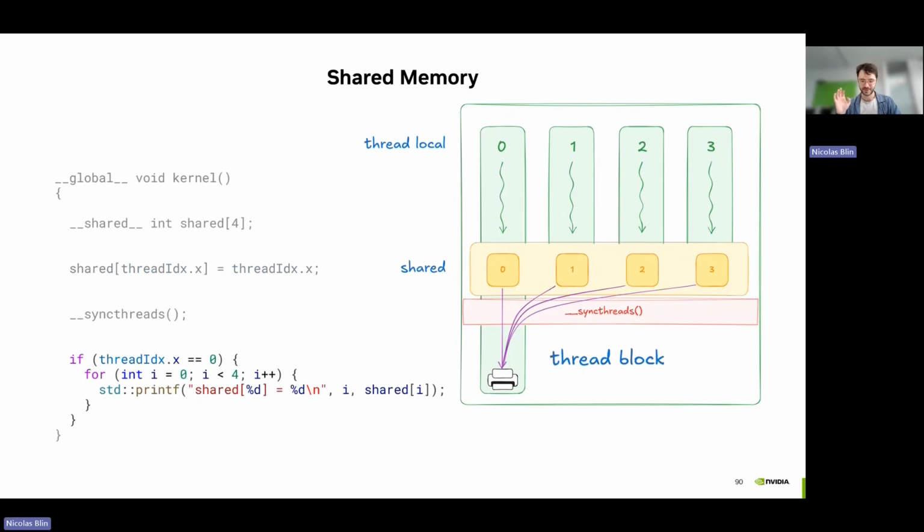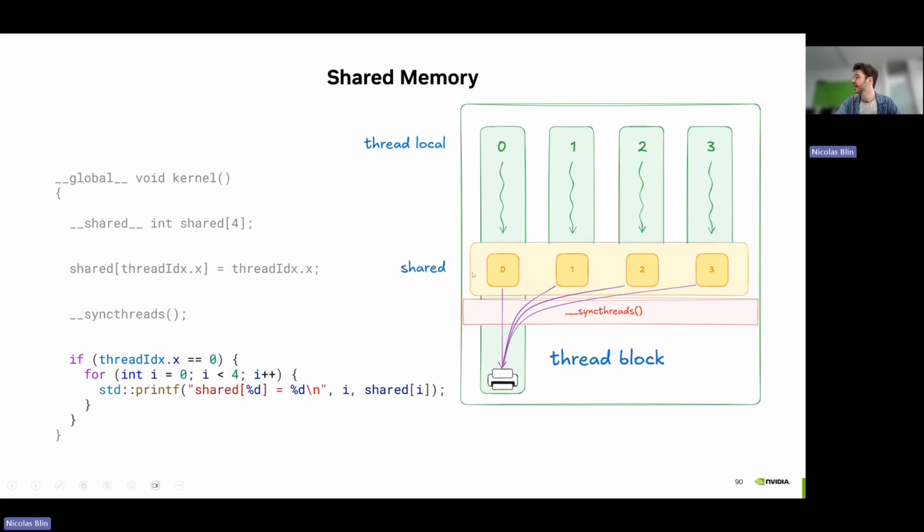To emphasize that this shared array is indeed shared across the thread block, you can see here I have the first thread print out every value stored in it. The first thread will see the updates from all the other threads at this point, and so it will print the values 0, 1, 2, 3, because we have used __syncthreads. __syncthreads is not only forcing all the threads to be done with their writes, but it also makes the changes visible to everyone.